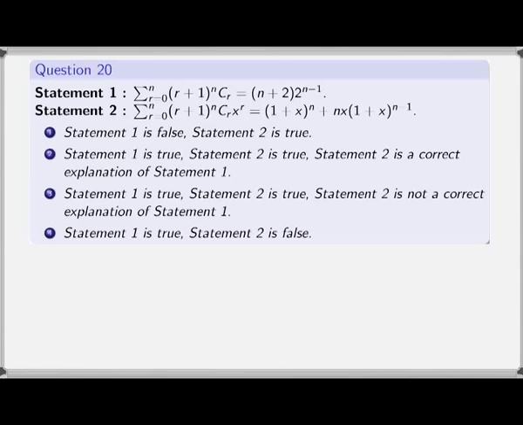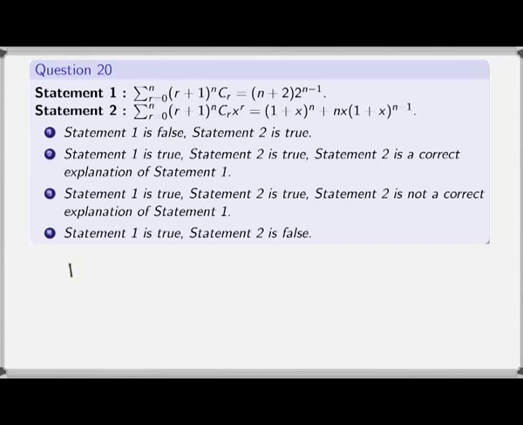And the second statement is sum over r is equal to 0 up to n, r plus 1 into nCr into x to the power r is equal to 1 plus x whole to the power n plus nx into 1 plus x whole to the power n minus 1. We have to find out whether these statements are true or not, and in case both of them are true, we shall figure out whether statement 2 is a correct explanation for statement 1 or not.